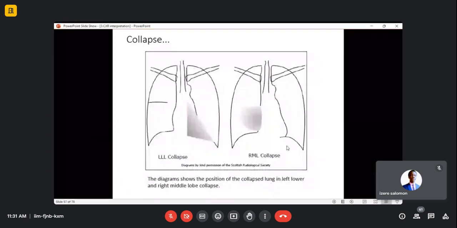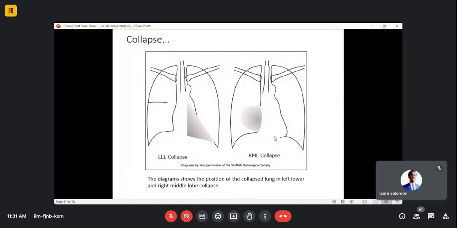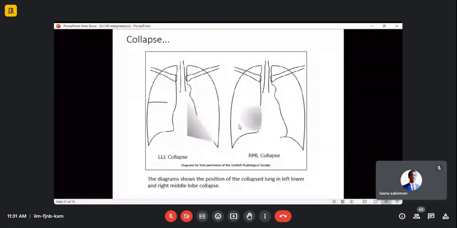For the right middle lobe, it is always rounded like this, with contact with the heart borders on the right side. When you see a homogeneous opacity with this shape, silhouetting the margin of the heart, and in most of the cases, when they are not bilateral, you will see some indirect signs such as pulling slightly on the mediastinum or even on the hemidiaphragms.